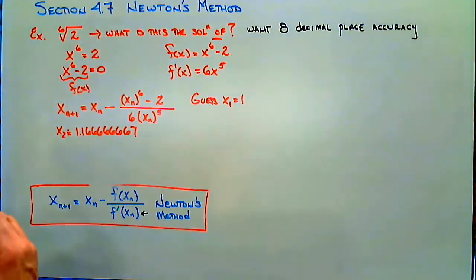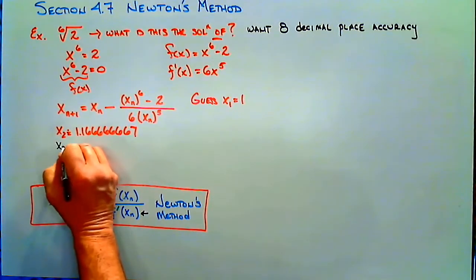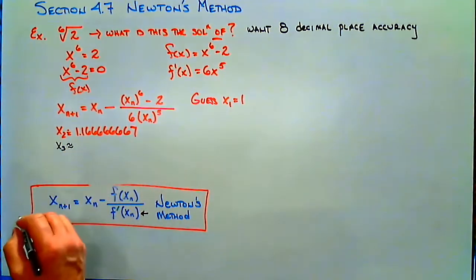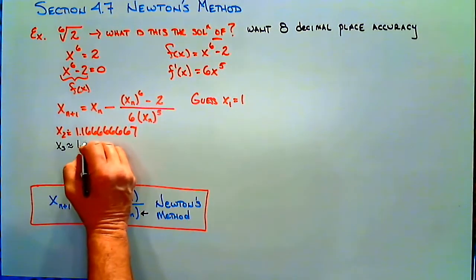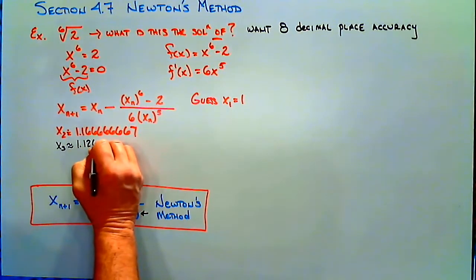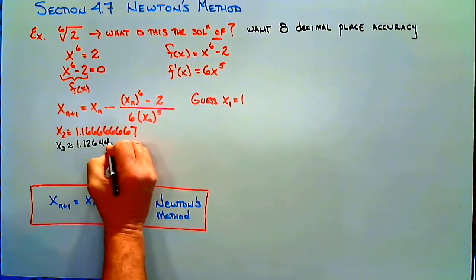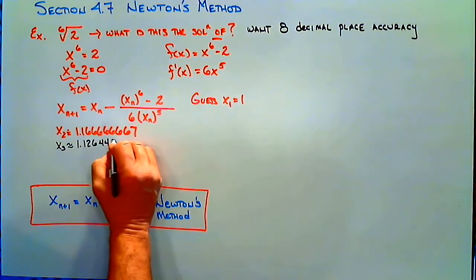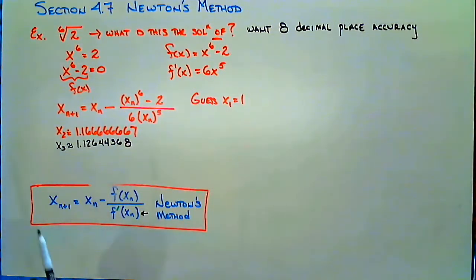Now, what does 8 decimal place accuracy look like? Well, let's write down x of 3, right? We'll use another symbol for approximates. So we get 1.26443 68. Now, if we take a look at x of 3 versus x of 2, right?